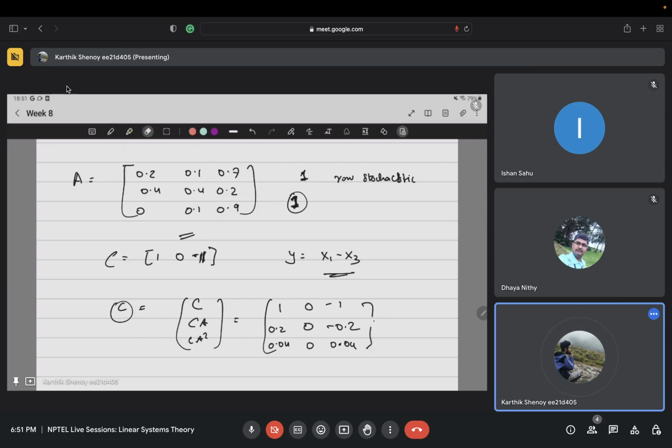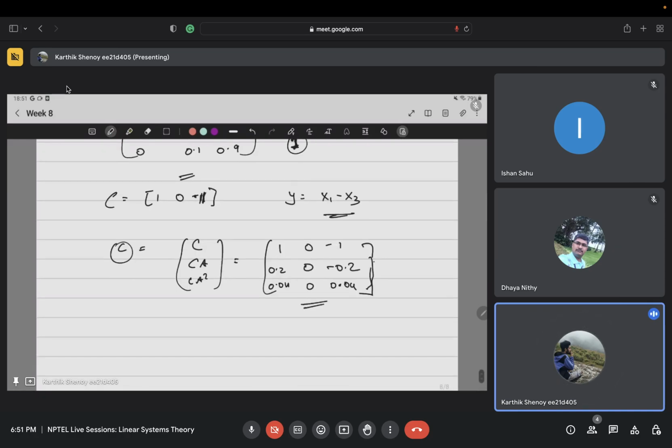That's your matrix. Now what is the rank of this observability matrix? There is one zero column, which means the rank is obviously not 3, and these two are dependent. One is the negative of the other, so the rank is just 1.